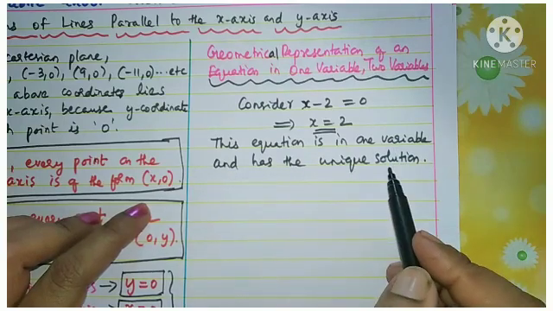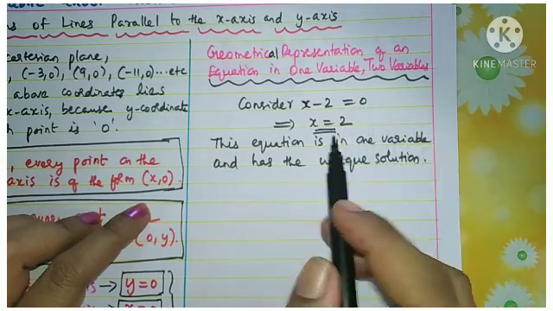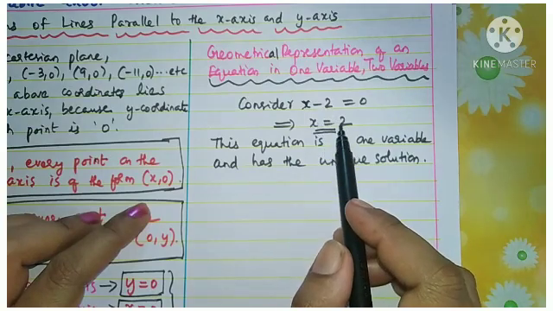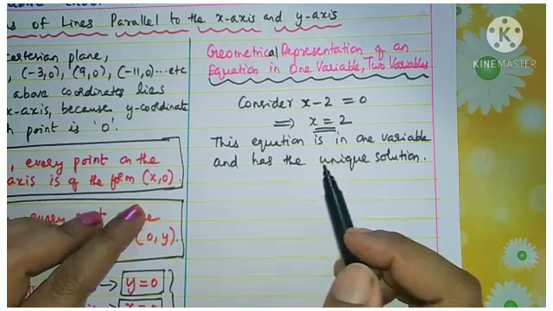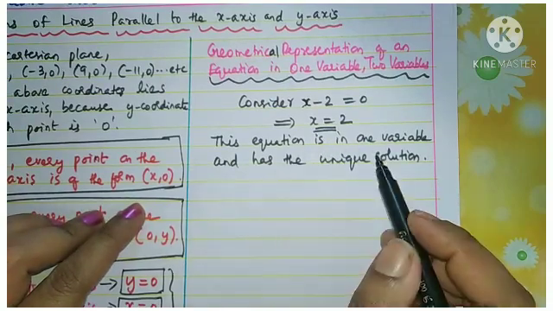What do you mean by a unique solution? Whatever happens to this equation, we get only one solution here, that is x equal to 2. Now we studied how to represent an equation in one variable and two variables.